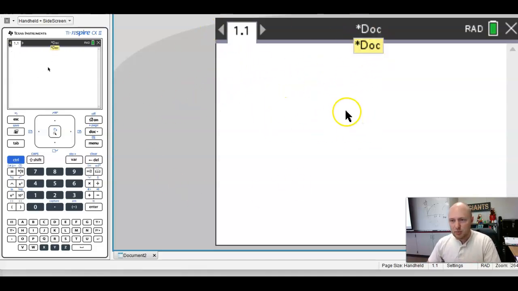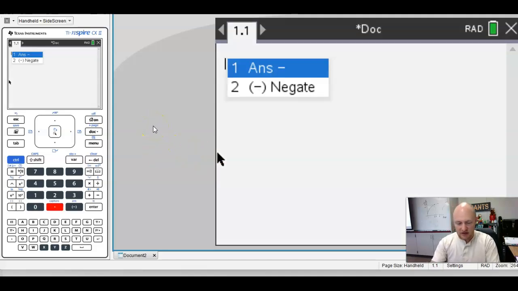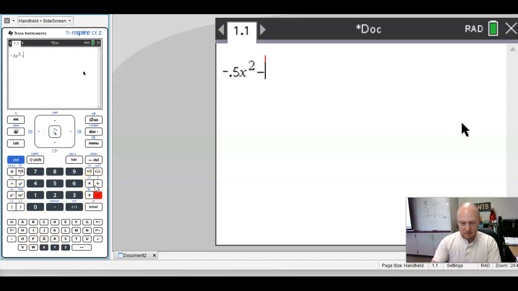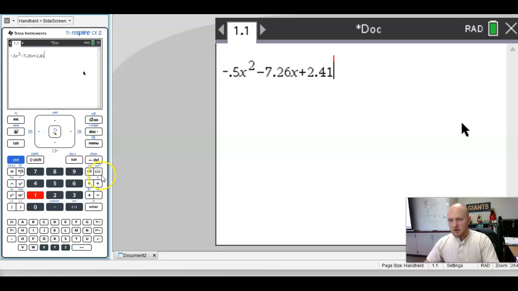So here's a calculator page, and I'm going to just type in that function: negative 0.5x to the power of 2 minus 7.26x plus 2.41. I'm going to assign this a variable.